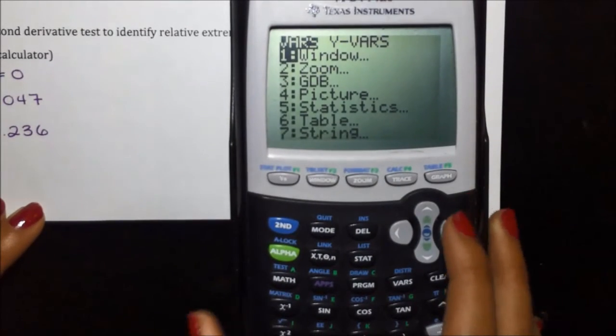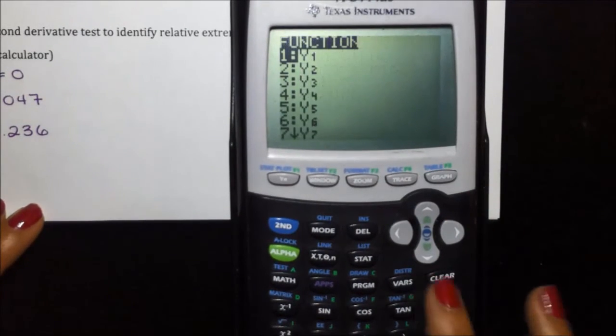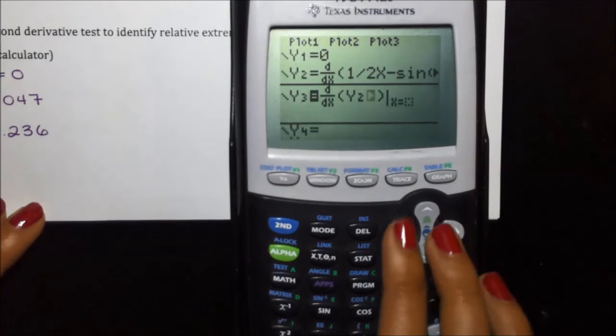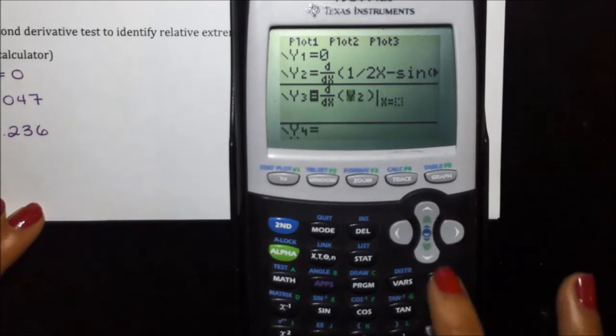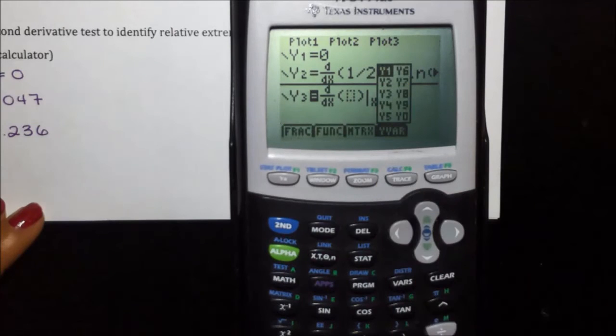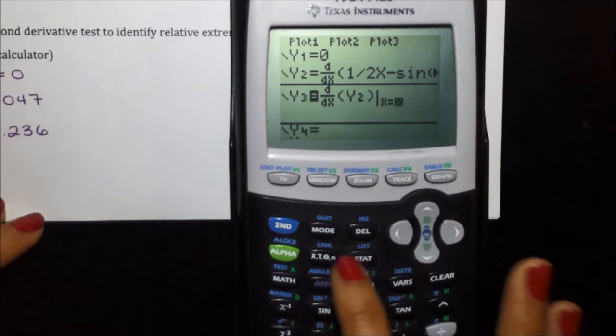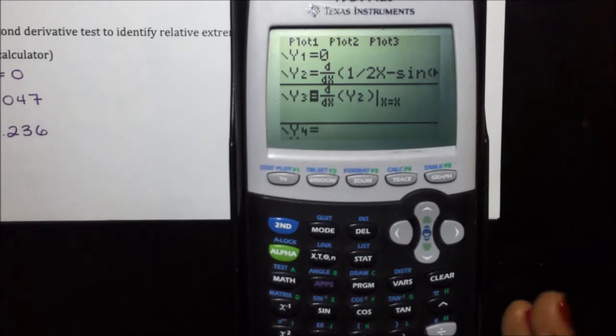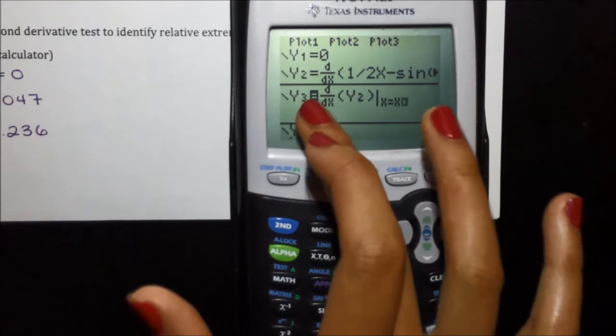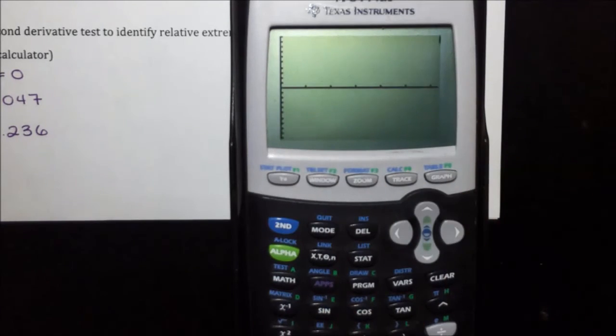Then you go over to yvars function, and then you can grab y2. So it might be easier if you just go alpha f4 and then grab y2. Still x equals x when you're graphing. And then we're only going to graph the second derivative. It's going to take a while. Just sit tight.